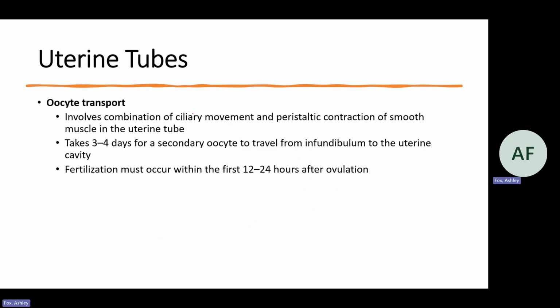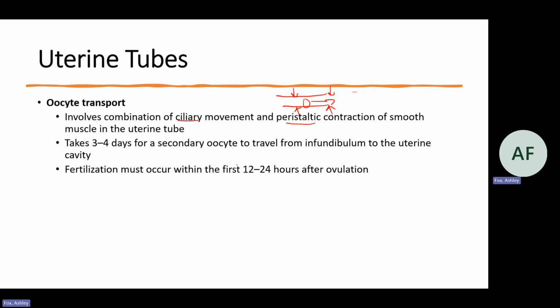So oocyte transport is part ciliary, part peristaltic, smooth muscle contraction in the uterine tube. So remember peristalsis, we contract behind something, we move it forward, then we relax and contract. So it's that combination of slowly squeezing the oocyte towards the uterus.